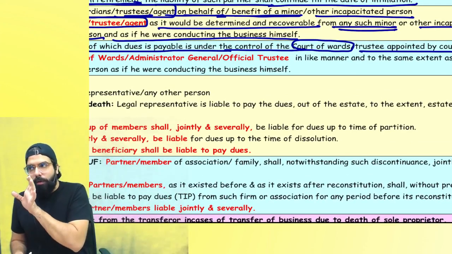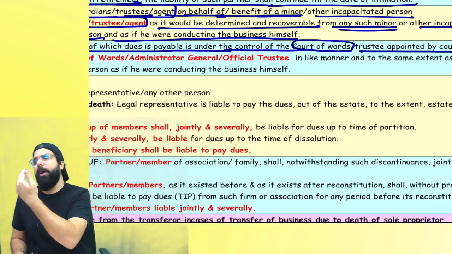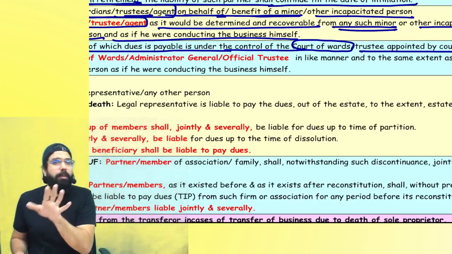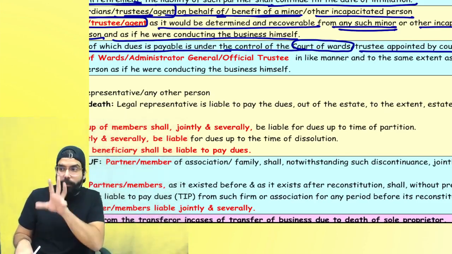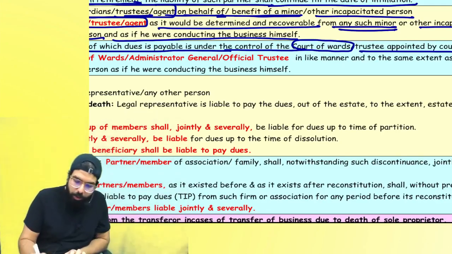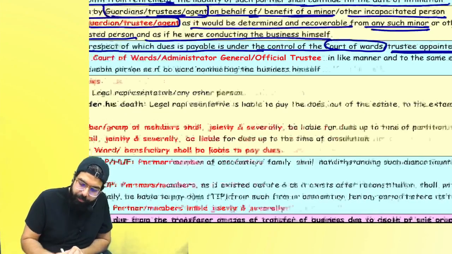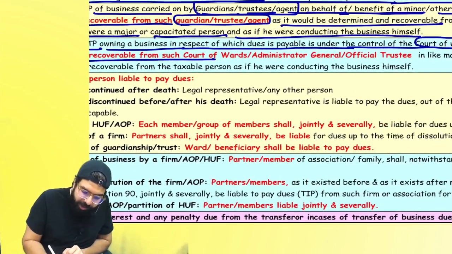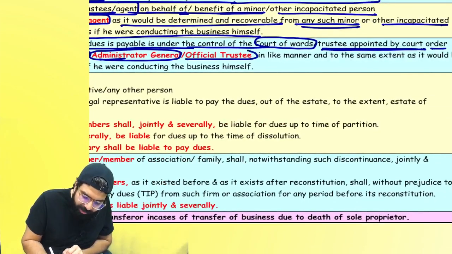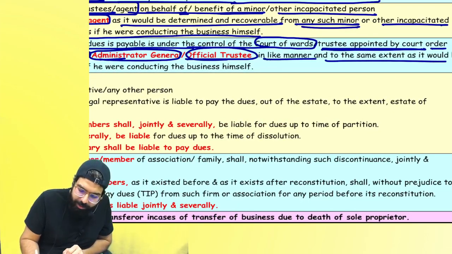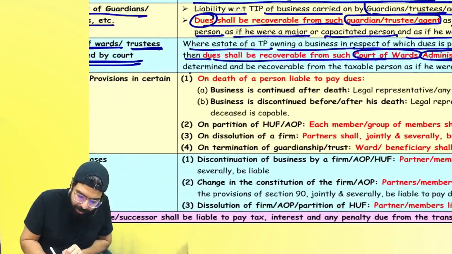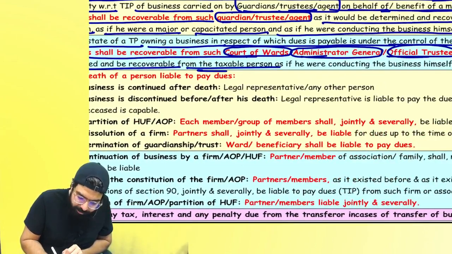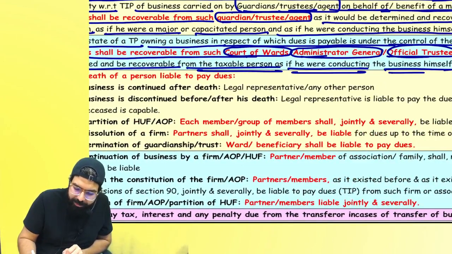Sometimes for a major also the court will go ahead and appoint a court of ward who will basically take care of the estate of the person. Then dues shall be recoverable from such court of ward or administrator general or the official trustee in a like manner and to the same extent as it would have been recovered from whom? The taxable person, if he was conducting the business himself.